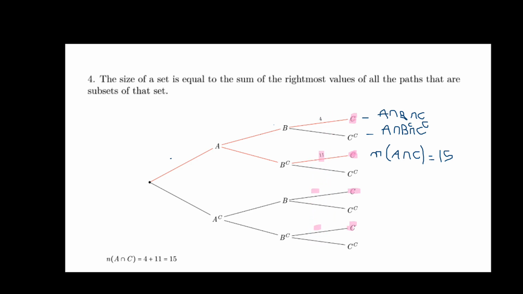But what I can say is that A intersect B intersect C, which is this first path, is 4, and that A intersect B complement intersect C is this, 11. What I'm telling you is that the union of these is 15.